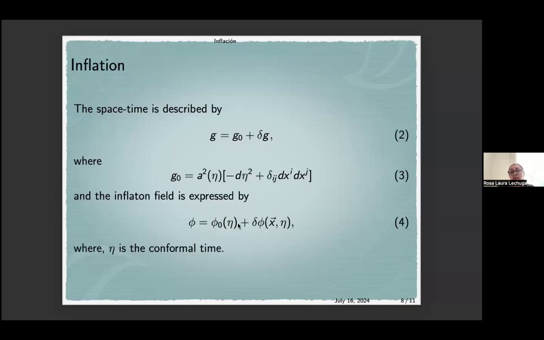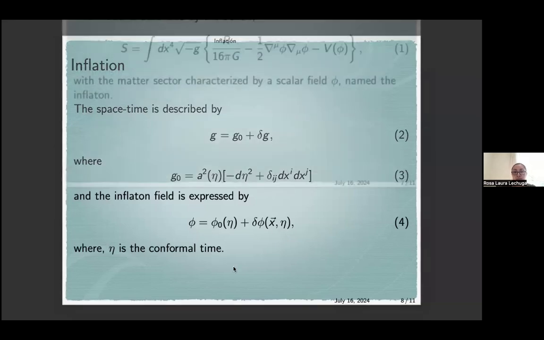We can notice that this mode only depends on the time coordinate, but it's independent of the position, as in many scalar fields. When you work, you separate in terms of modes. The first only depends on the time, and the perturbations or the other modes of the field depend on time and on the position. And this zeta is the conformal time.